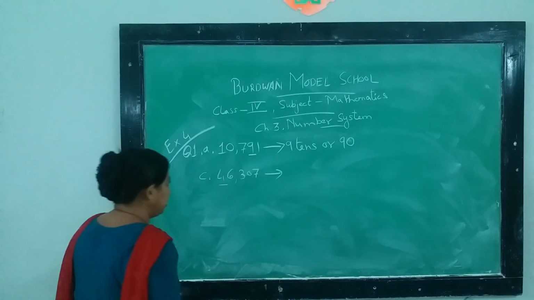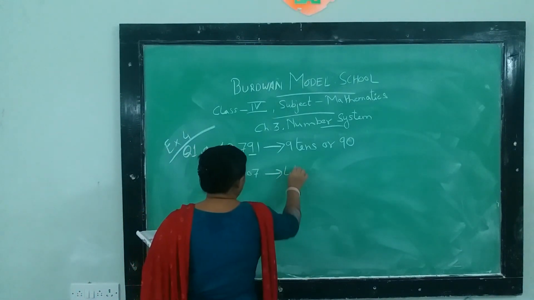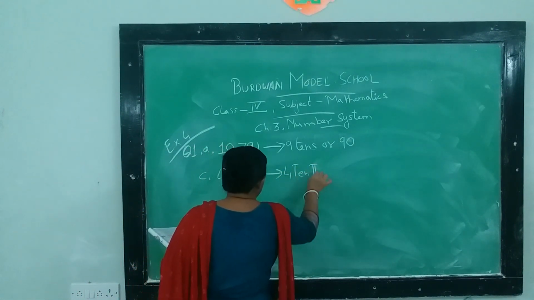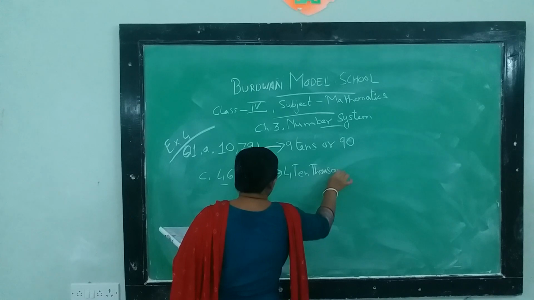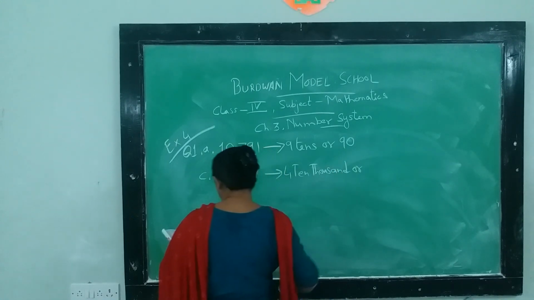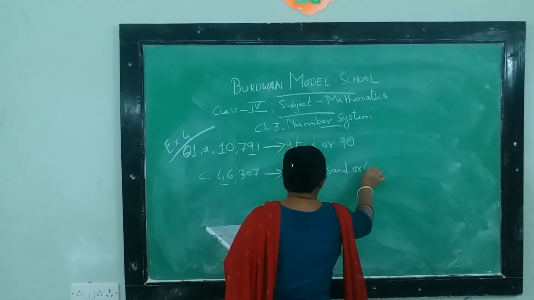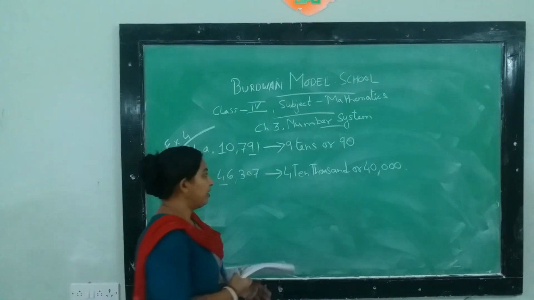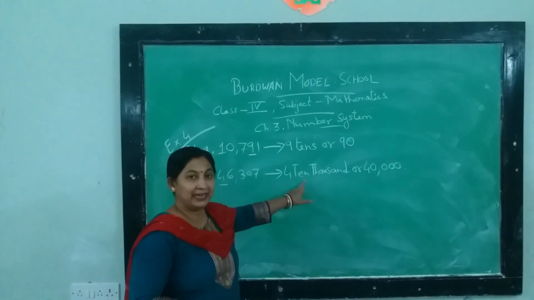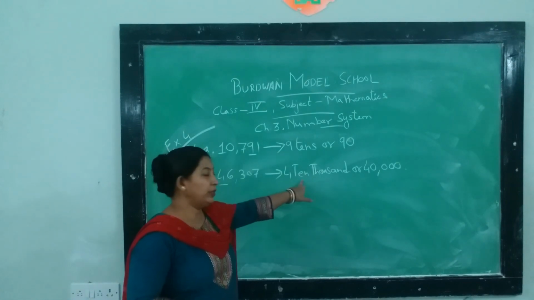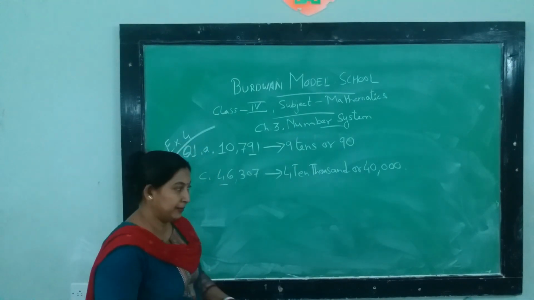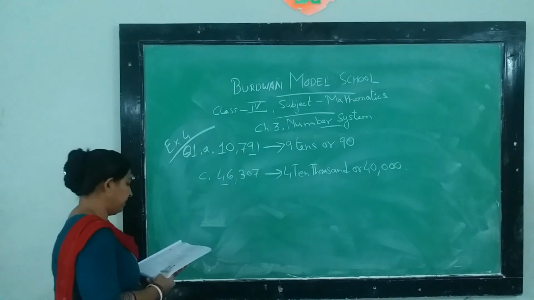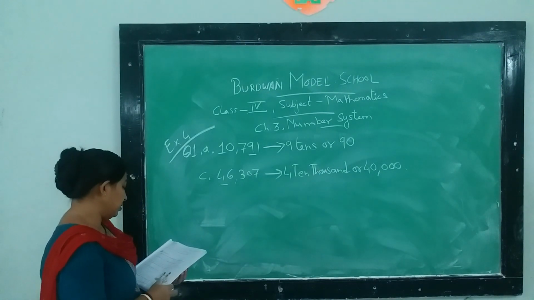So what you will write? 4 10,000 or simply 40,000. Okay, see here when we are writing 4 10,000, 10 itself means 4 into 10, so it is 40,000. Clear? That's why we are writing 4 10,000 or 40,000.